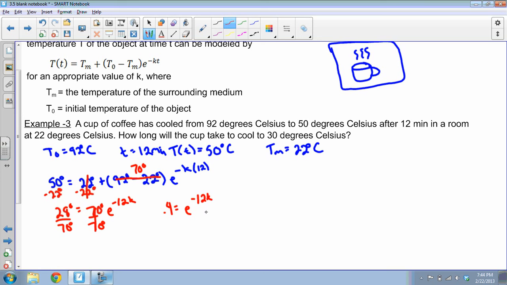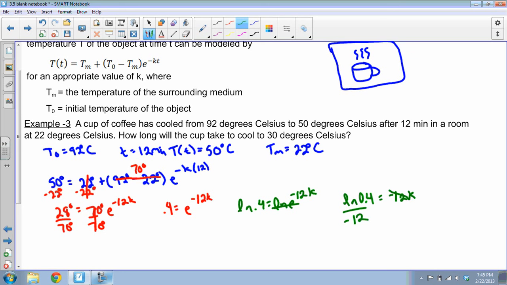Now, because I have an e here, it'd be great if I took the natural log of both sides. So that natural log of e goes away, giving me the natural log of 0.4 equals negative 12k. So we divide by negative 12, and that's going to give us our k.